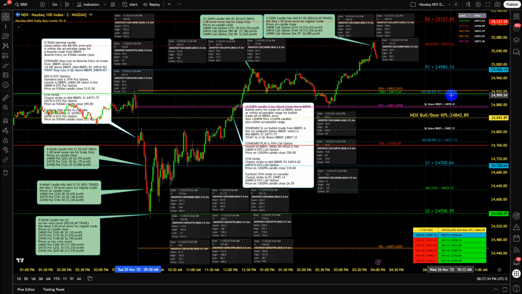So that is going to be the 24,910, because that's the closest strike. Remember, NDX trades in 10-point increments, so the next one would be 24,920. This is closer to 24,910. And then you have the 24,985.14, and since that's over the halfway point, since this trades in 10-point increments, then that would be the 24,990.